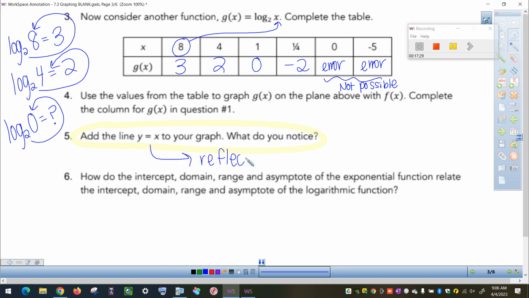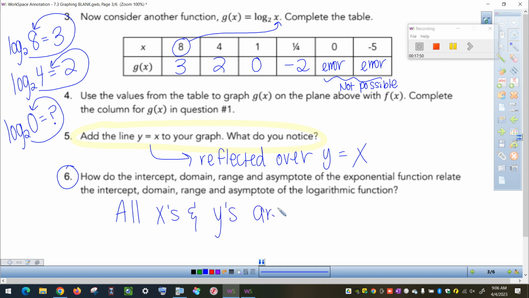We had a reflection over this line. And then we also talked about number 6 already, that all of our x's and y's are switched. So the domain and range switched. We saw the equation for the asymptote switched. If we want to put something in here, we can just say, again, all of our x's and y's are switched.